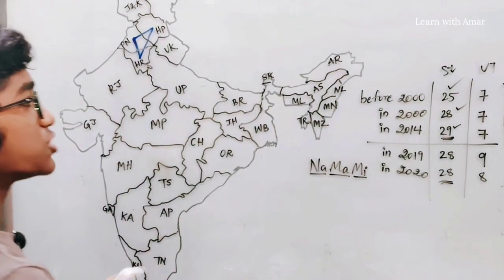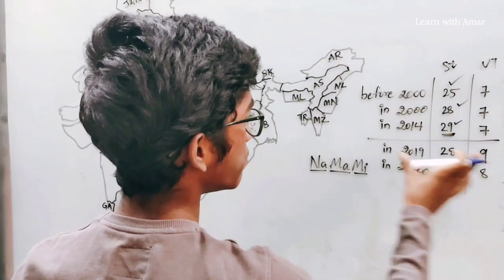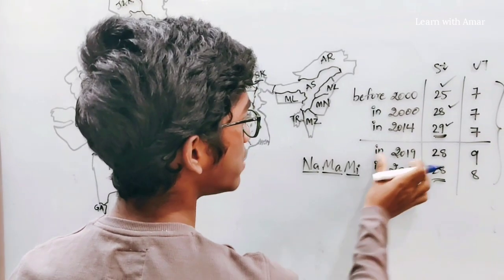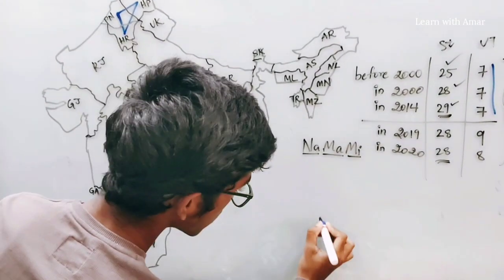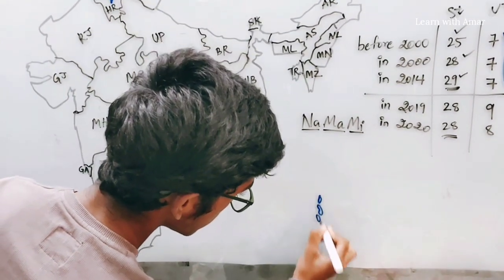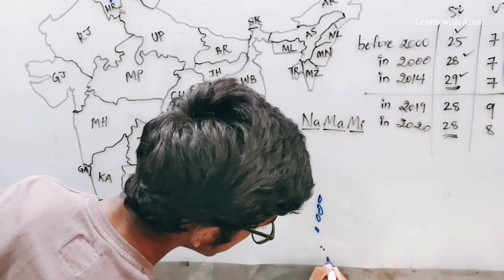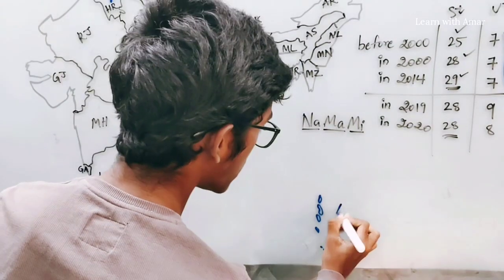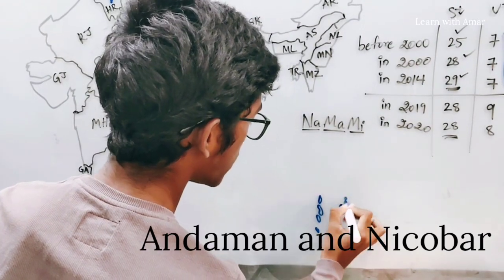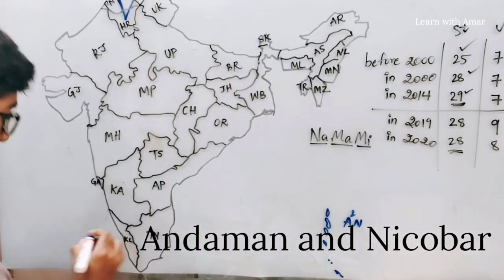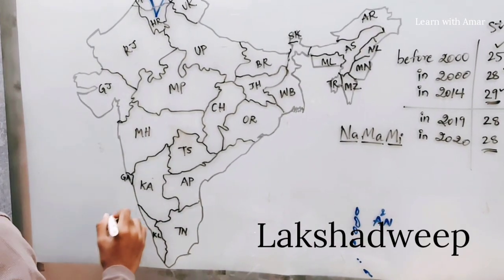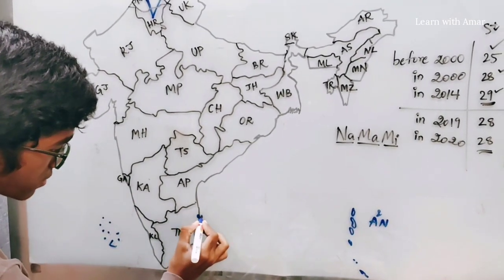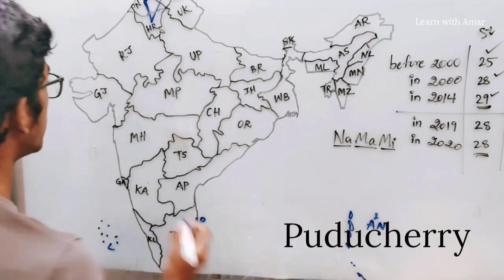Okay, so first, as we can see, until before 2019 there were 7 union territories. Now what are they? First we'll start from the islands. This is Andaman and Nicobar Islands. Then coming to here we find Lakshadweep Islands. Then here we find Pondicherry or Puducherry.